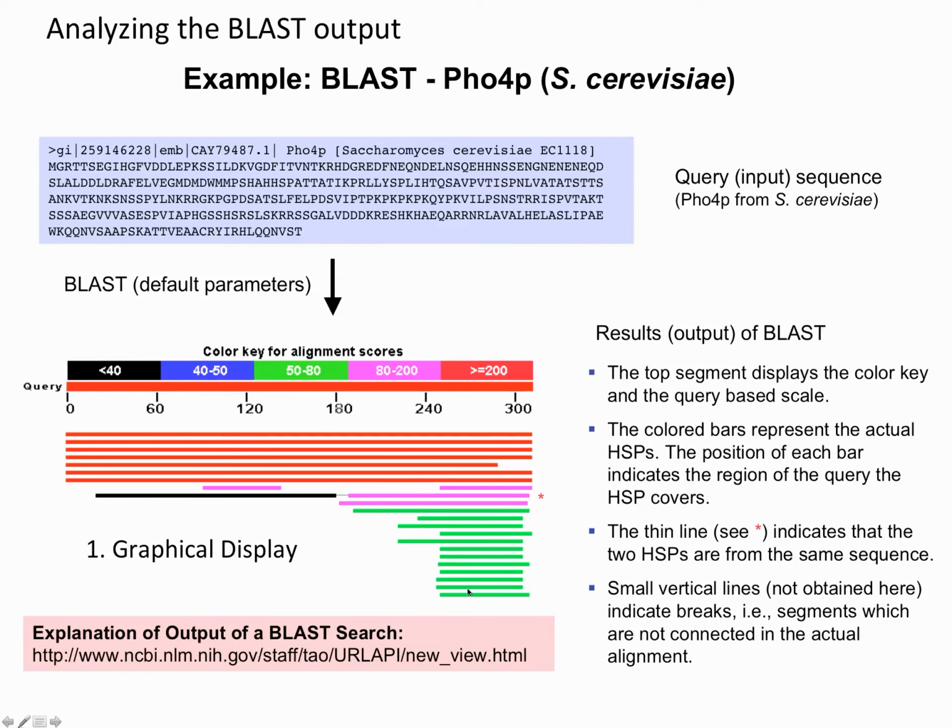The position and length of the bar indicates the region of the query sequence that a high score segment pair covers. And the color represents the score obtained by this alignment. This is the color scale.